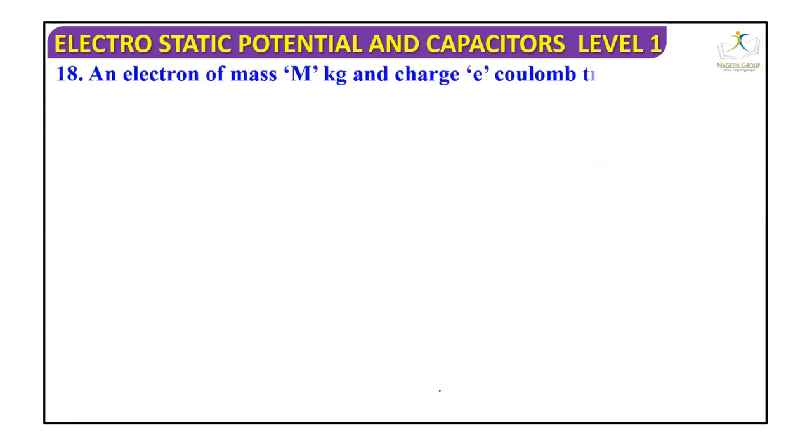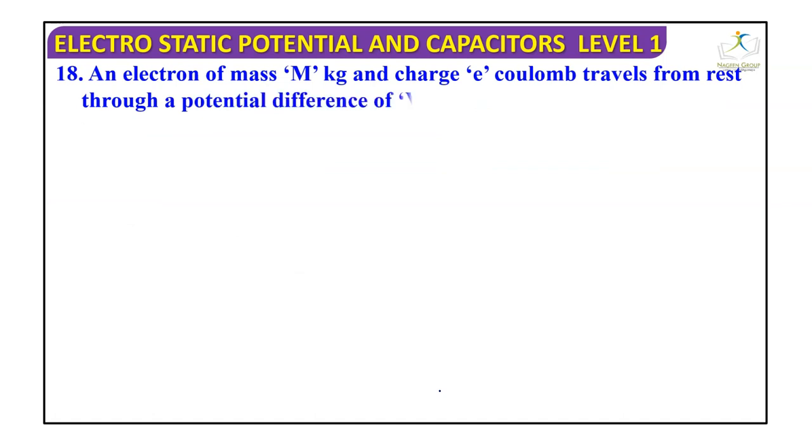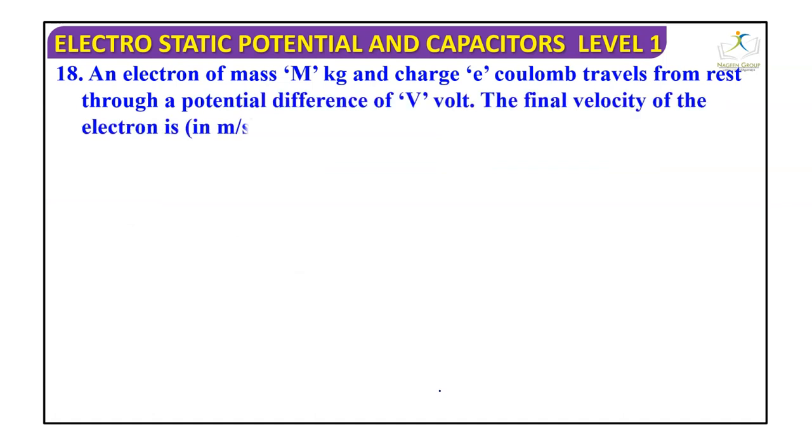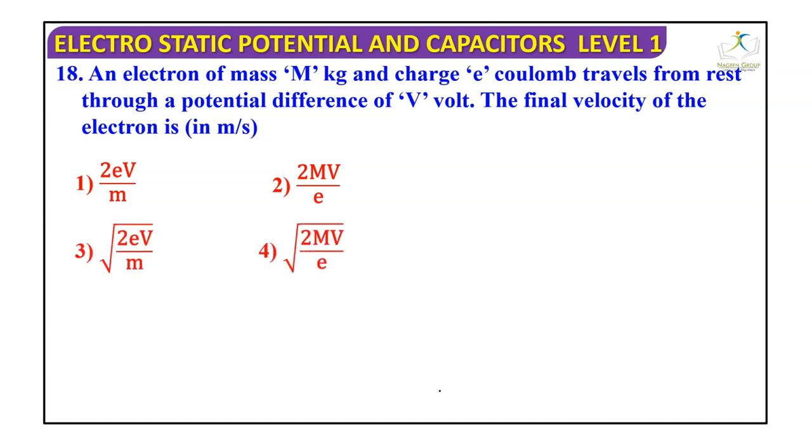Next, we have an electron of mass m kg. Here no numerical data is given. And charge of the electron, e coulomb, travels from rest through a potential difference of V volt. The final velocity of the electron in meter per second we have to calculate. The options are these which we have. Now let us move with the solution.